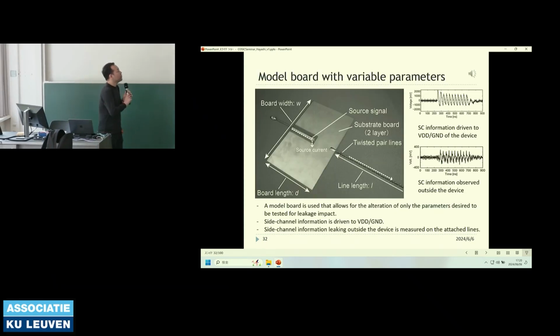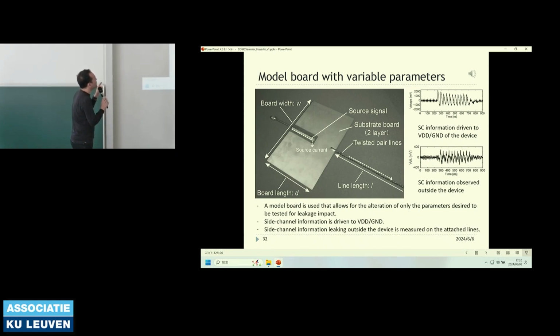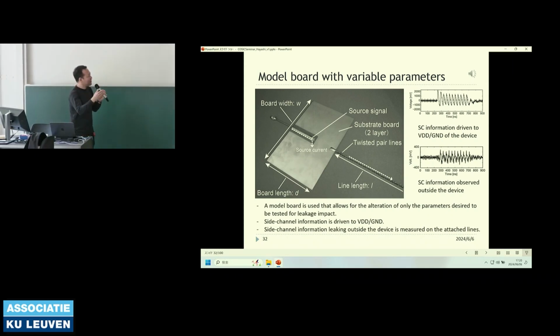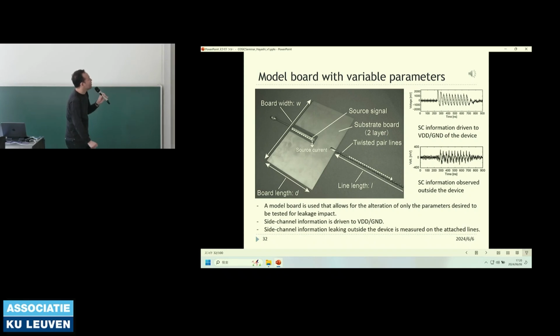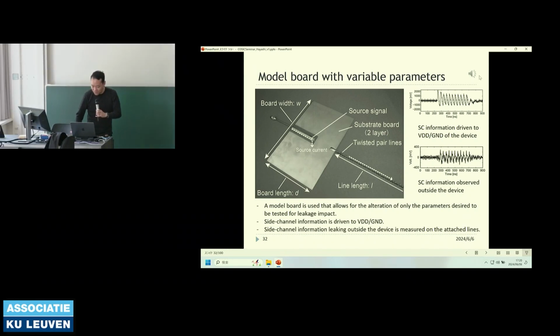This is the target device of this explanation. This is what we call a model board. Probably you're not familiar with this kind of experiment, so I will explain. Next, I'll explain the target device used in the experiment.